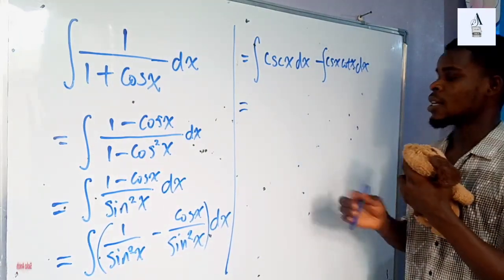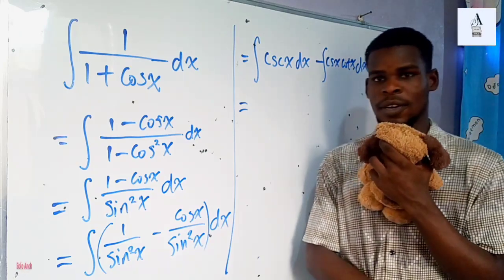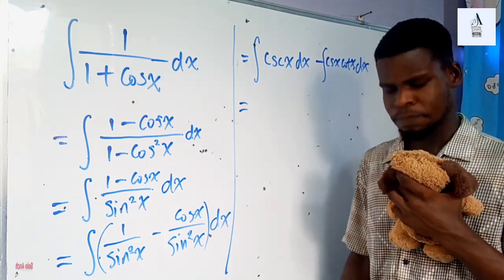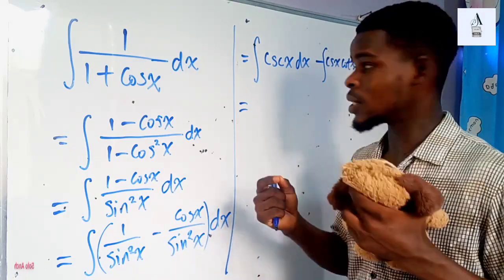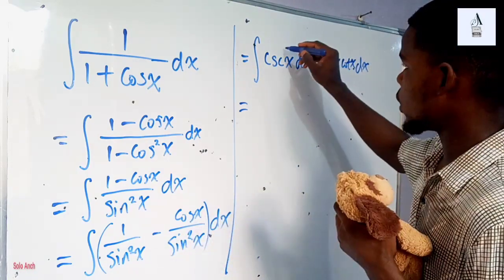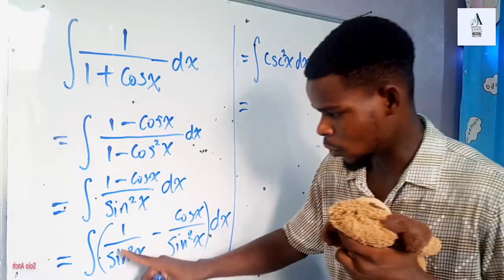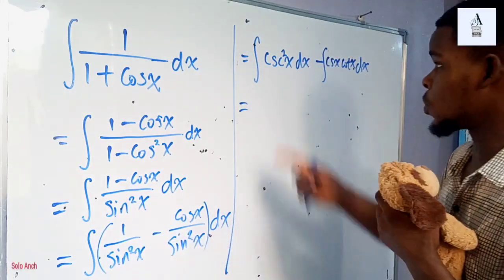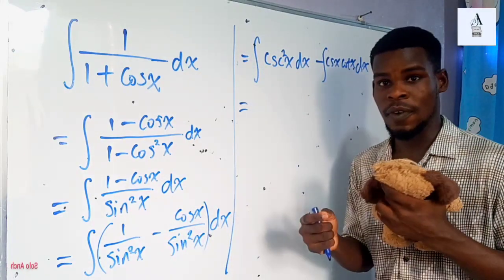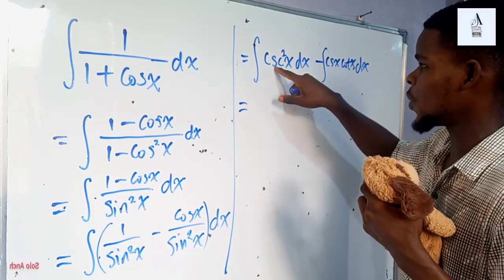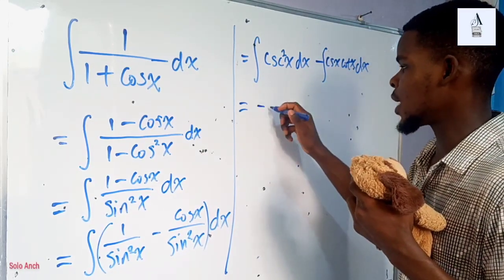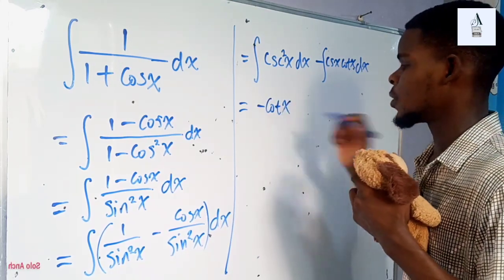Okay, very nice. Now, what is the integral of cosecant squared of x? If you differentiate cotangent, you know, this is 1 over sine squared, so that must be cosecant squared, right? The derivative of cotangent is negative cosecant squared, so that means that the antiderivative of cosecant squared will be negative cotangent of x.